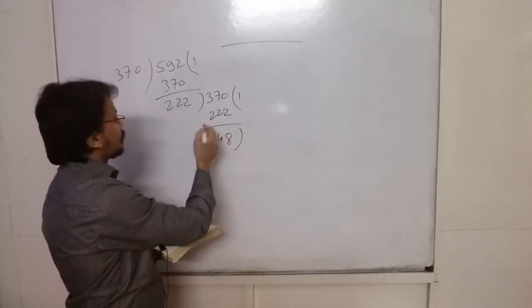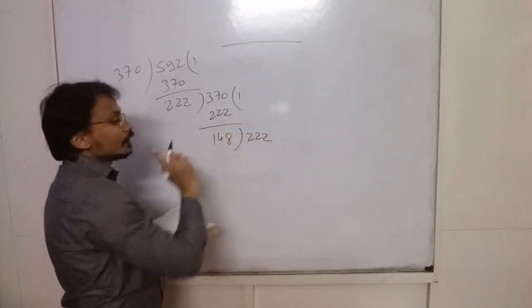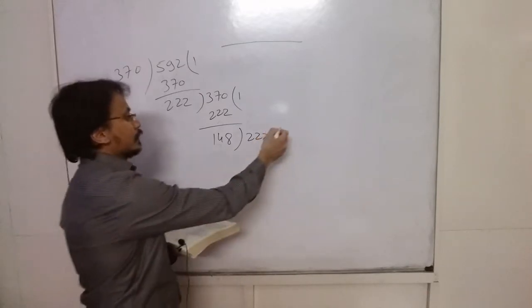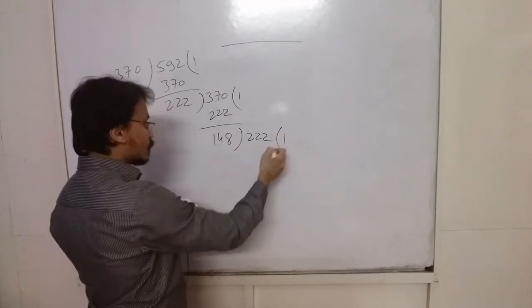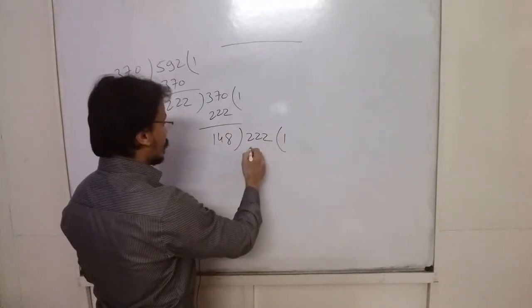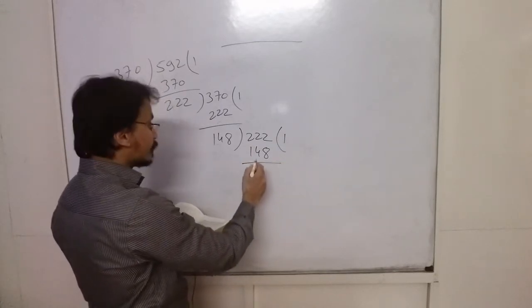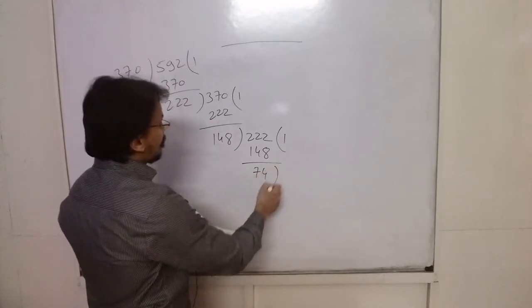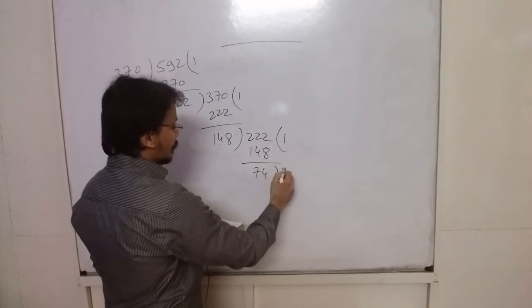Now again the same procedure: 222 will be divided by this remainder 148. This is the procedure of the division method of HCF. 148 into 148, because 2 times it is going to exceed. Subtract it, you will be getting 74. Again this 148 will be divided by 74.